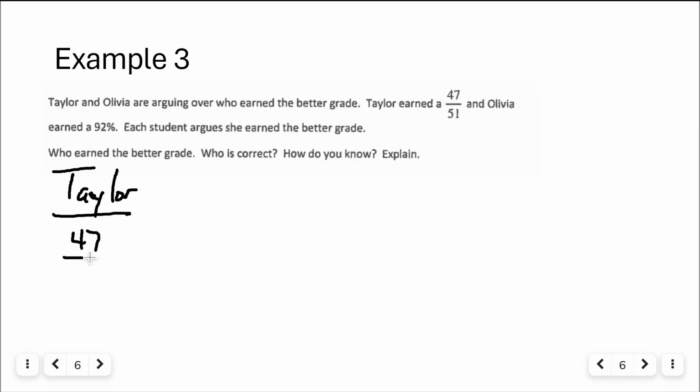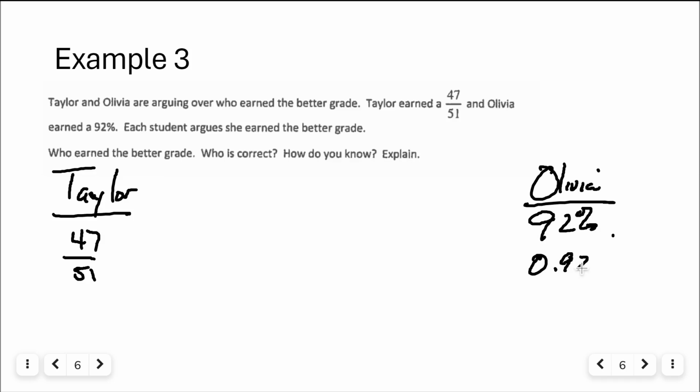Taylor got a 47 out of 51. So 47 over 51. And I know Olivia has a 92%. So 92% as a decimal is 0.92. That would also be 92 out of 100.